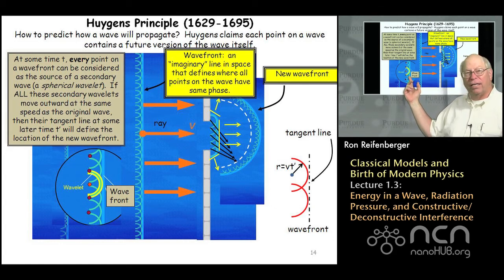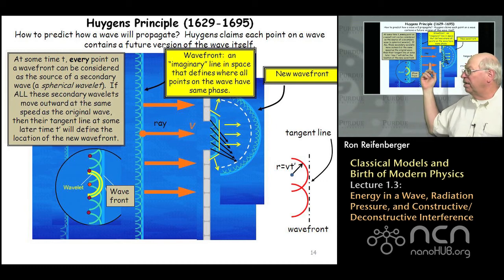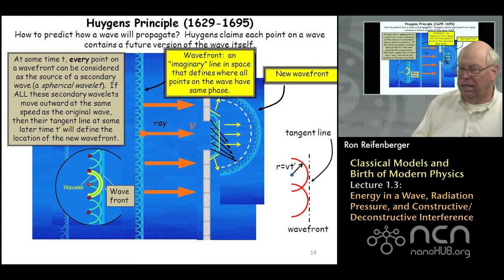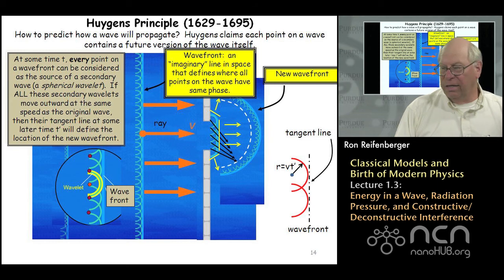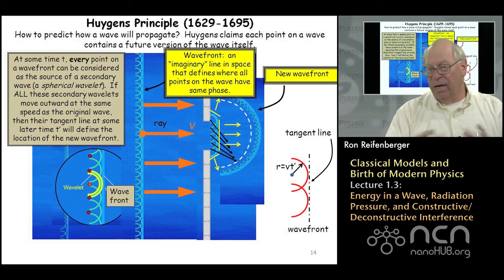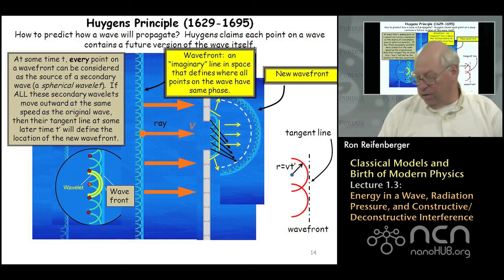And he applied this principle very effectively to describe what happens when, let's say, a water wave goes through a narrow channel in a wall, and then emerges as a circular wave on the other side of the wall. So he was able to explain that phenomenon as far back as the 1690s, using this concept of constructive interference.